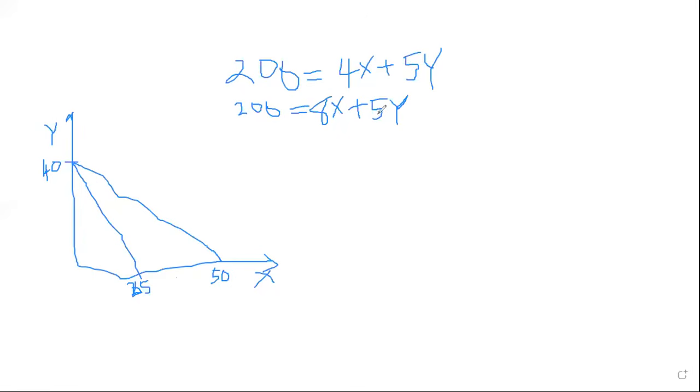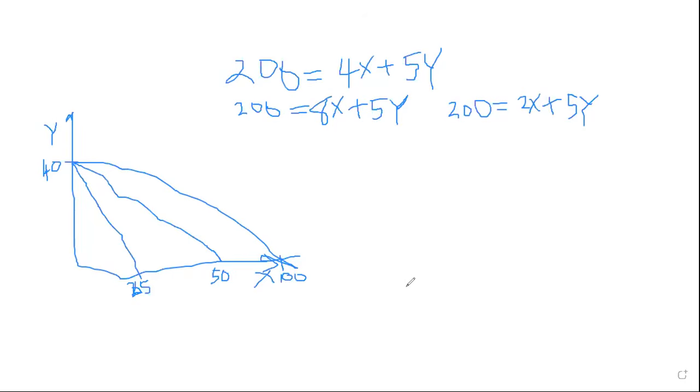Another thing is if the price of X rather reduces by 50%. If the price of X reduces, then the new budget equation would be 200 is equal to 2X plus the same 5Y. So you see that Y will still remain 40, but now X is going to increase to 100.